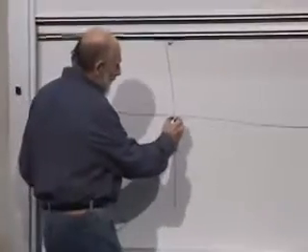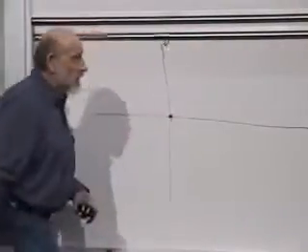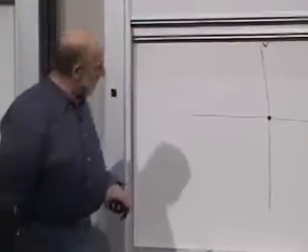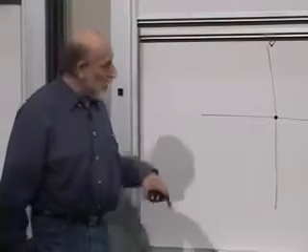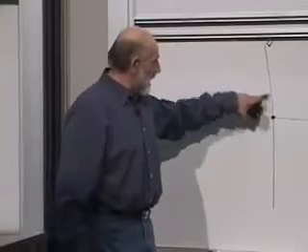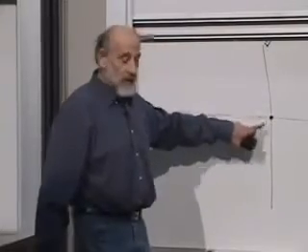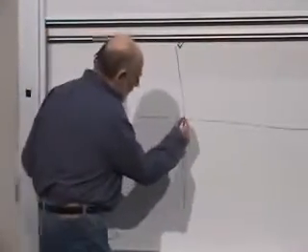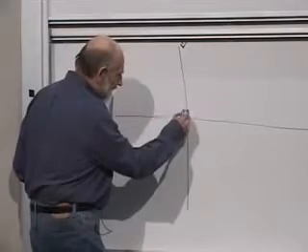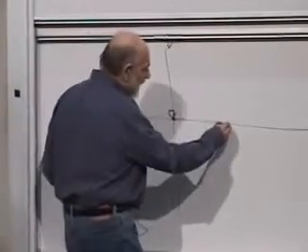Supposing you're over here, where do you move next? You stay in the same place. Why? You're at the origin and you have no velocity. What if you're over here? So we could draw a little loop here to say that you come back to the same place. What if you're over here?